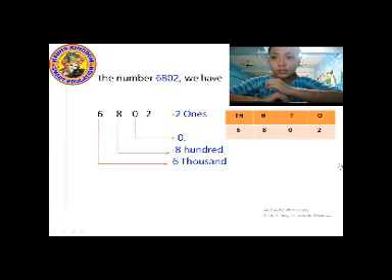The third one is 8. The place value of 8 in the number 6802 is 800, because it is in the place of 100. And the place value of 6 in the number 6802 is 6000, because it is in the place of 1000 in a place value chart.